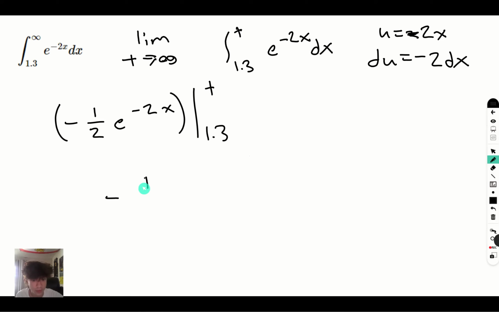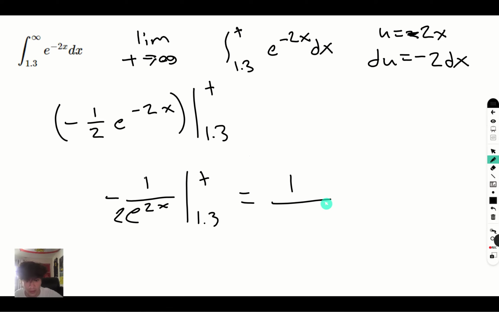You get negative 1 over 2e to the 2x, and when you evaluate it from 1.3 to t, you get negative 1 over 2e to the 2t, plus, because it's a double negative, 1 over 2e to the 2 times 1.3, which is 2.6. There you have that. Now you plug in your infinity.